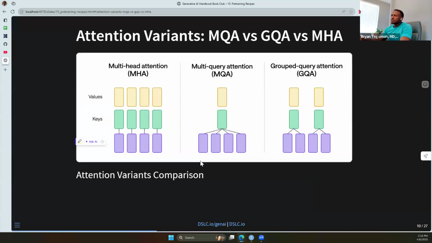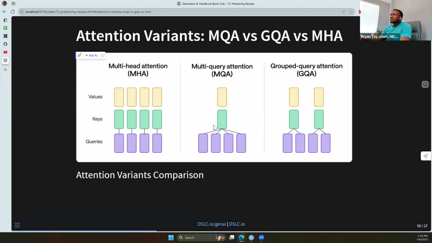Then on a visual, just to show how these three variants compare with each other, here we have the multi-head attention. You can see all the values are separate, the keys are separate, the queries are separate.